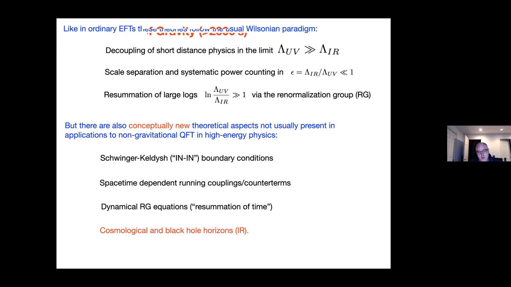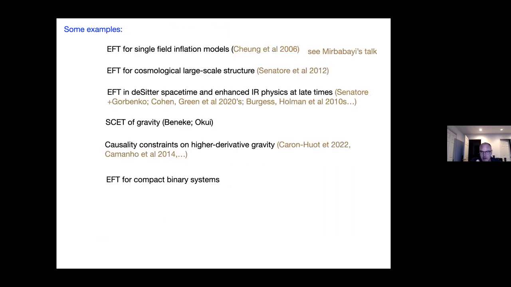And then there's also time dependence in the renormalization group in some sense. And finally, perhaps the most subtle issue facing effective field theory in gravity is the presence of horizons.